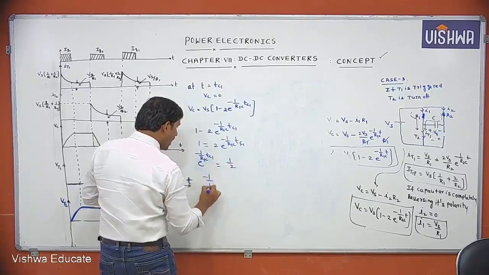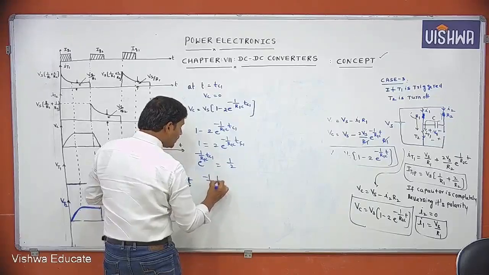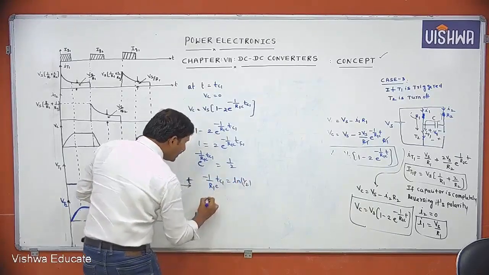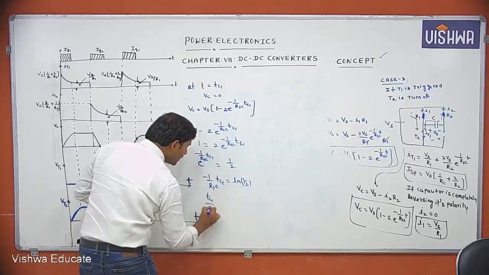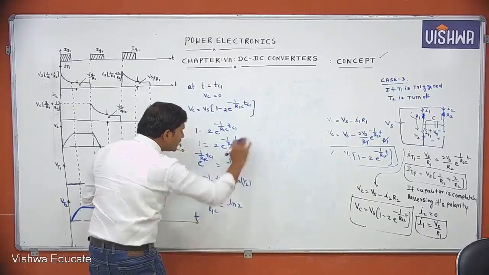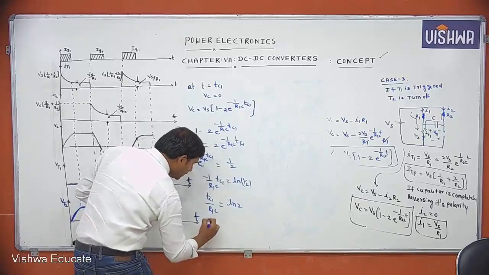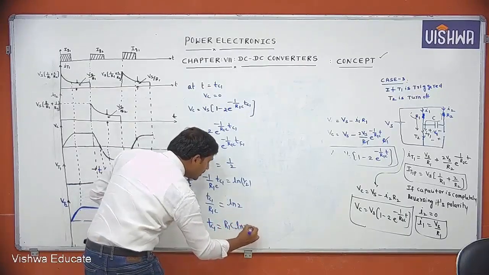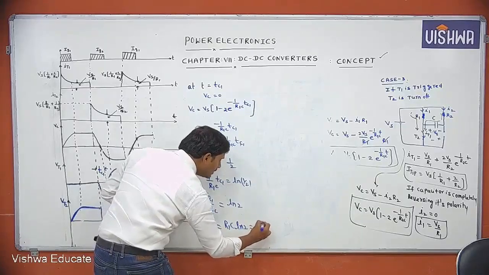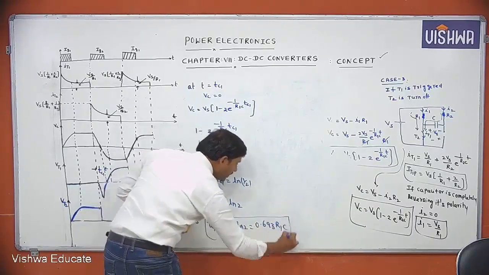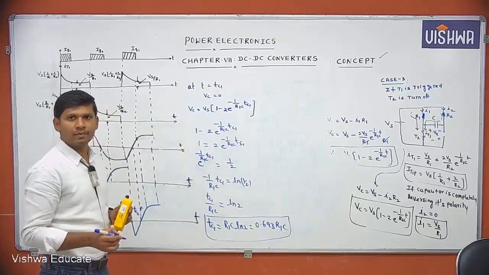Then minus Tc1 by R1C equals ln of 1 by 2. Then Tc1 by R1C equals ln of 2. Then Tc1 equals R1C into ln of 2, which equals 0.693 into R1C. This is the circuit turn off time of the T1 thyristor.